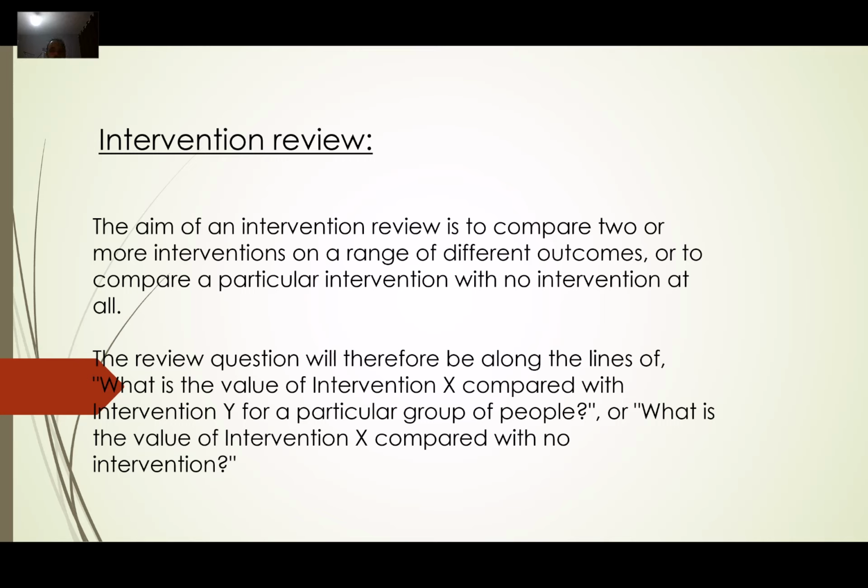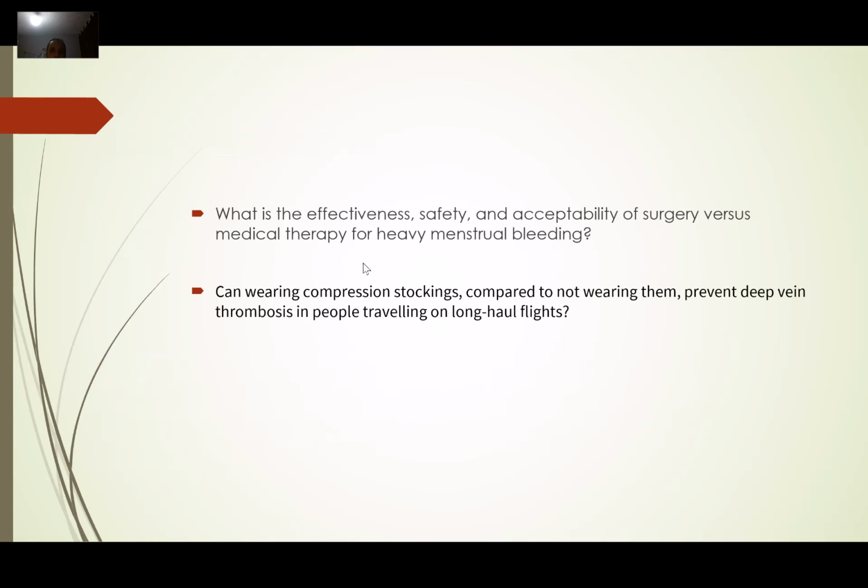The review question will therefore be along the lines of: what is the value of intervention X compared with intervention Y for a particular group of people, or what is the value of intervention X compared with no intervention? For example, what is the effectiveness, safety, and acceptability of surgery versus medical therapy for heavy menstrual bleeding? This is an example of two interventions on the same outcome.